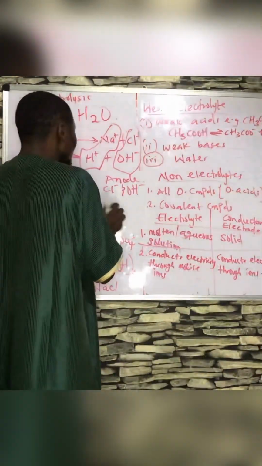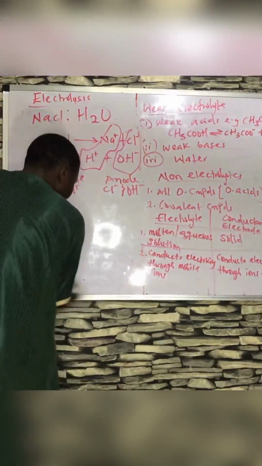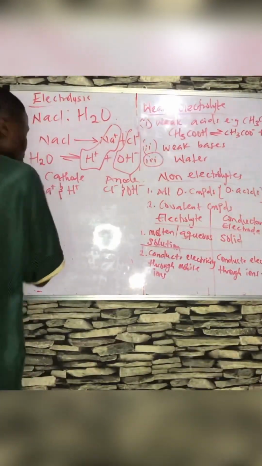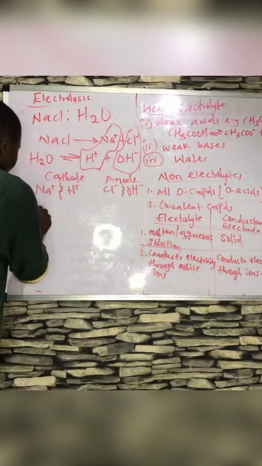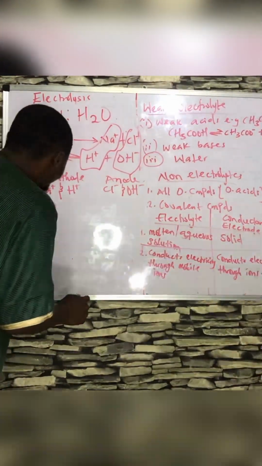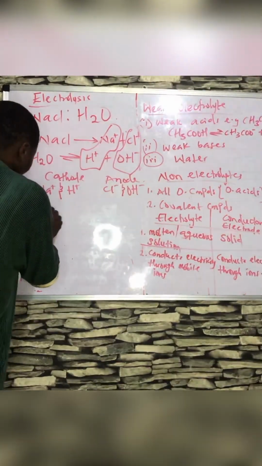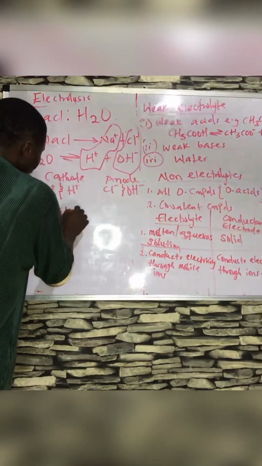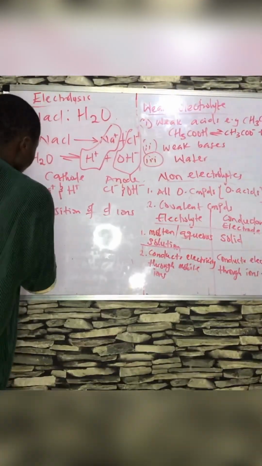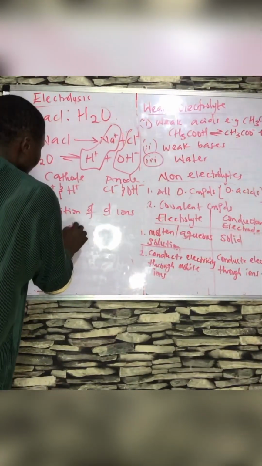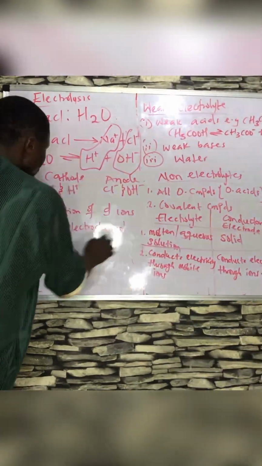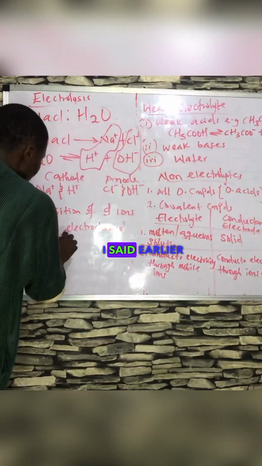Officially, the three factors that affect the ions that are preferentially discharged: number one is the nature, or should I say the position, of the ions in the electrochemical series.